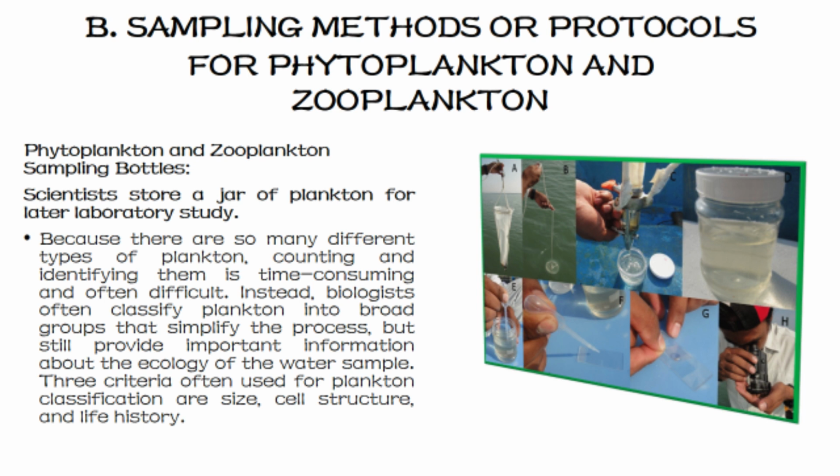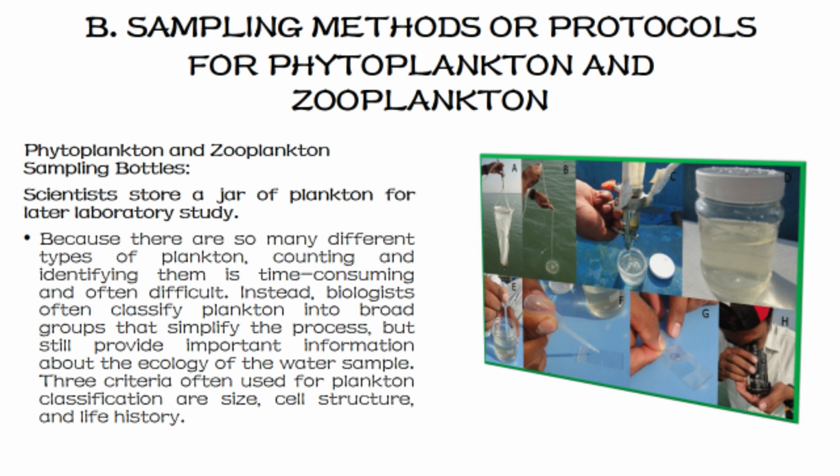Instead, biologists often classify plankton into broad groups that simplify the process but still provide important information about the ecology of the water. Three criteria often used for plankton classification are size, cell structure, and life history.